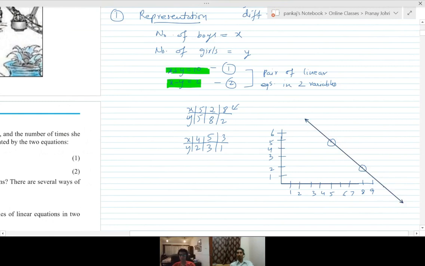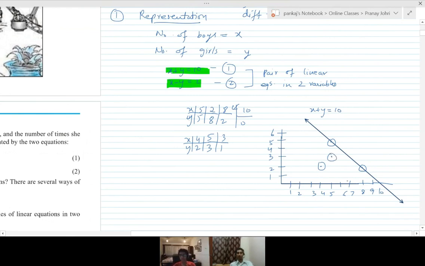This obviously would hit at 10 whenever y would be 0. So now this is our first graph. Second graph: 4 and 2, 5 and 3.